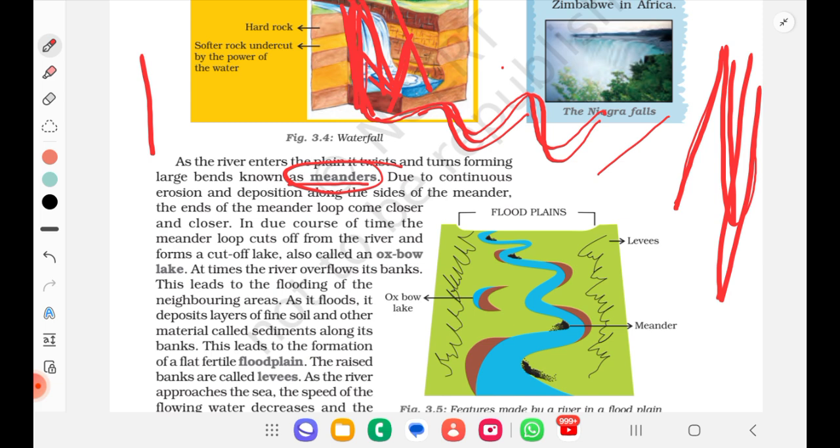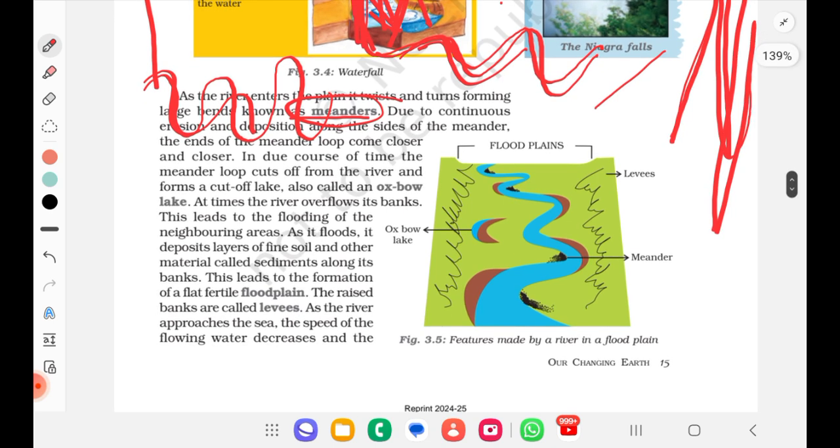Due to continuous erosion and deposition along the side of a meander, the ends of the meander loop come closer and closer. Initially it will move like this, later it will move so closely because sediments are deposited. So in due course of time, the meander loop is cut off from the river and forms a cut-off lake, also called an oxbow lake.